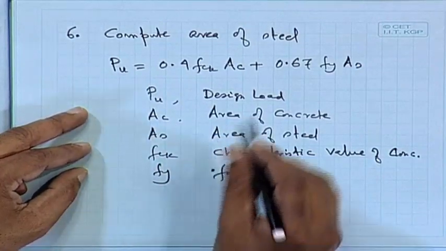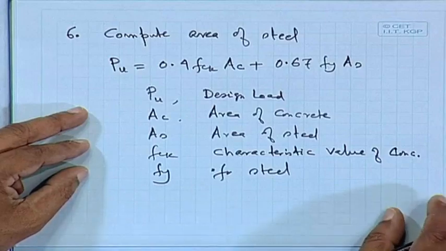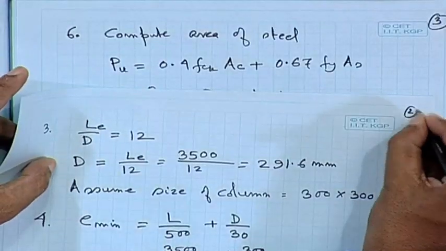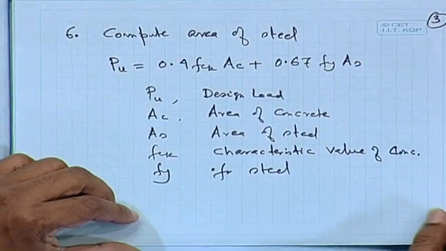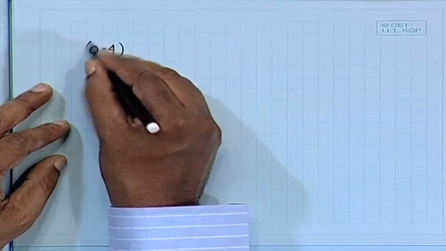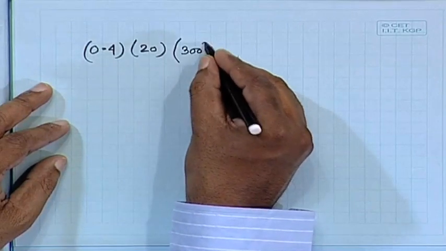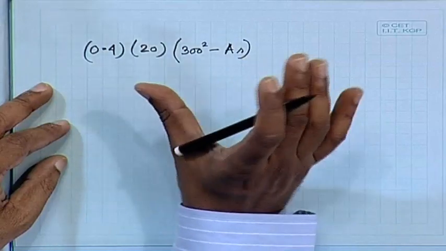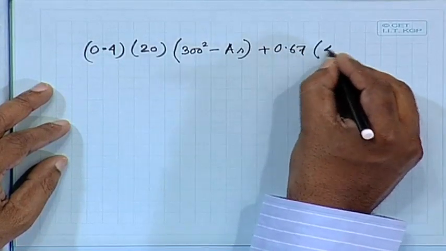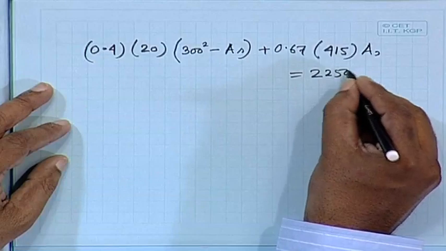So, we can now find Ac. We can write 0.4 times fck, which is 20, times Ac, which equals 300 square minus As, because we are taking only the concrete part, plus 0.67 times 415 times As, should be equal to 2250 into 10 to the power 3.